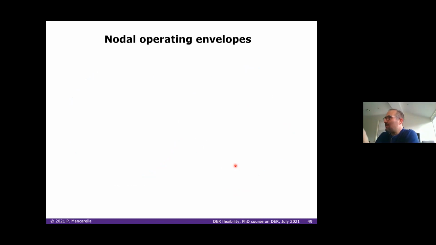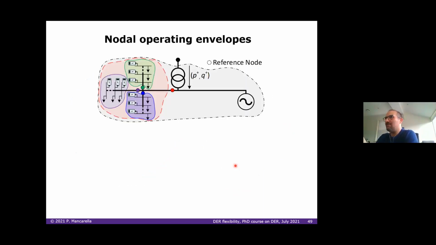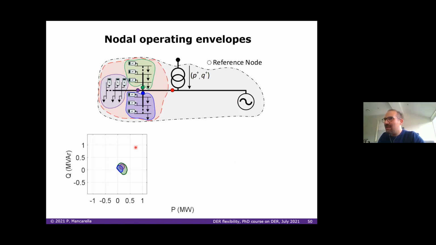And now I think you also understand better why I talk about nodal operating envelopes. If you look at again this simple model, imagine now that in a more realistic system there will be lots of resources connected to this network, and each aggregation here can actually be modeled in PQ terms, exactly by doing this kind of exercise.